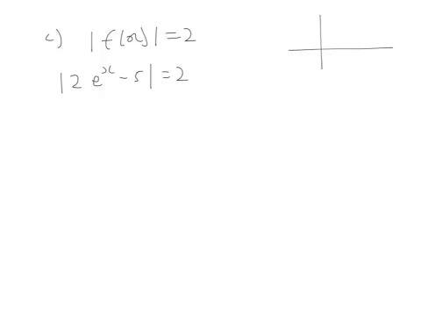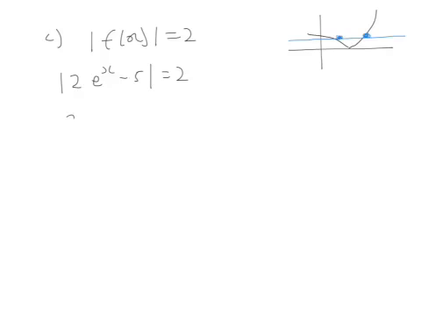In part C, we're told that mod f of x equals 2. So in other words, mod of 2e to the x minus 5 equals 2. Just going back to the graph, if you remember, we had that. So at 2, we've got this point here and this point here. This point here is the normal function, this point here is the negative function.